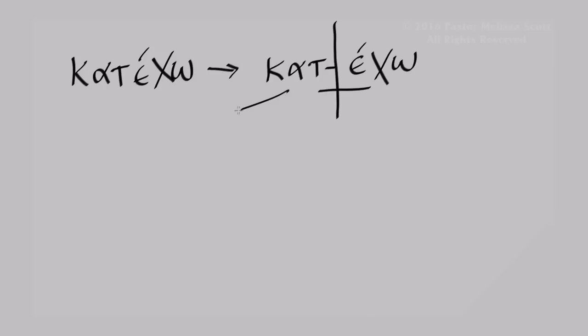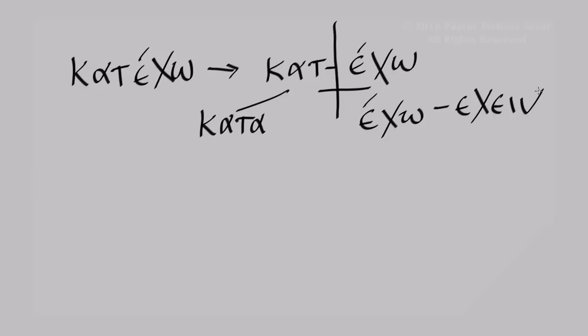And the compound is from kata and this word over here, echo, whatever this word is, which eventually will turn into, for our studying purposes, first it will be something like echein. Maybe this, I don't know, I don't have it in front of me, so I may have made a mistake there, but we'll see.